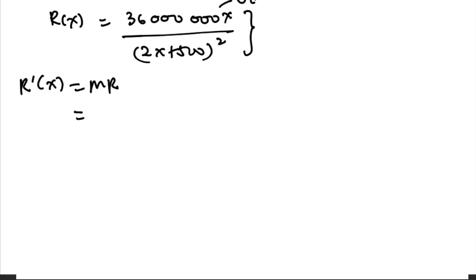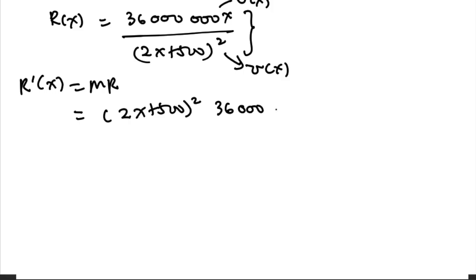So this one is u(x), this one is v(x). Let's differentiate u(x) but leave v(x) as usual, so here (2x plus 500) squared. When you differentiate 36 million x, it becomes 36 million.